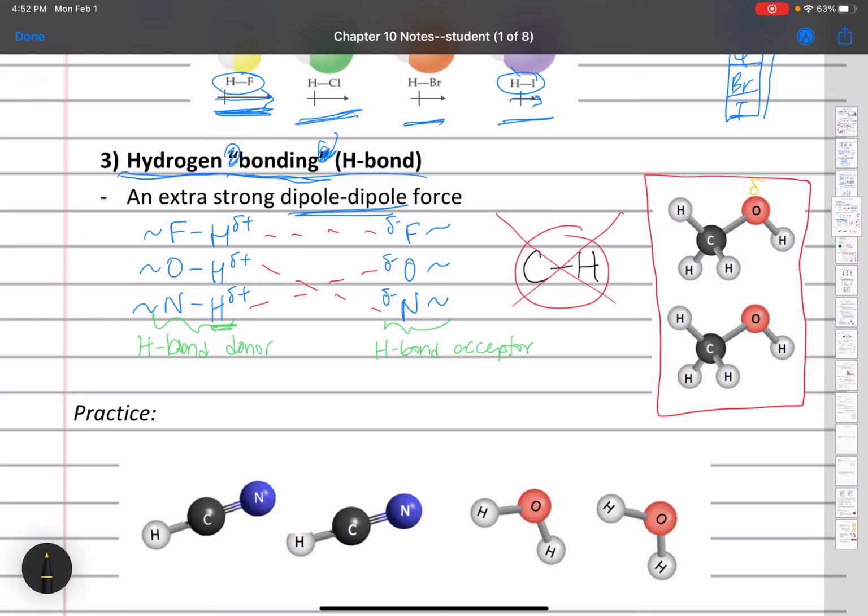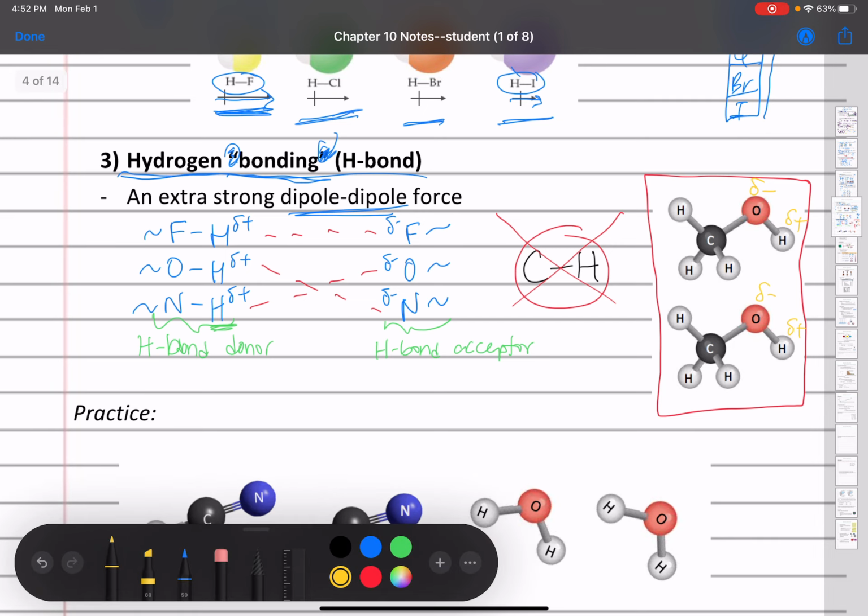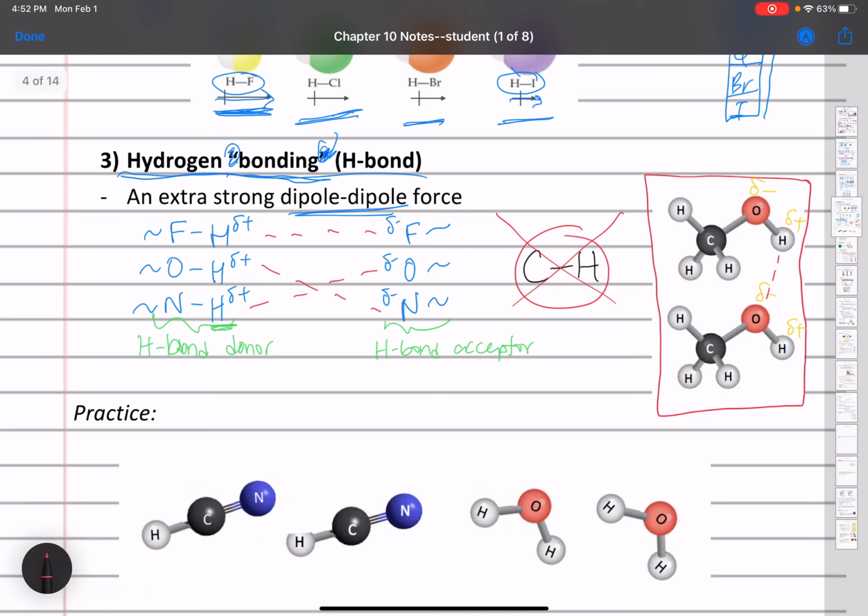But oxygen has a strong pull, so it's going to be partially negative, and it's going to make that hydrogen particularly partially positive. Okay, so in this scenario, we can have attraction here between the hydrogen of one and the oxygen of the other. This molecule happens to have a hydrogen bond donor and a hydrogen bond acceptor. So if you have a bunch of these methanol molecules, they will hydrogen bond with each other.